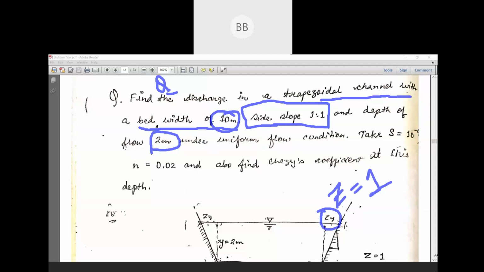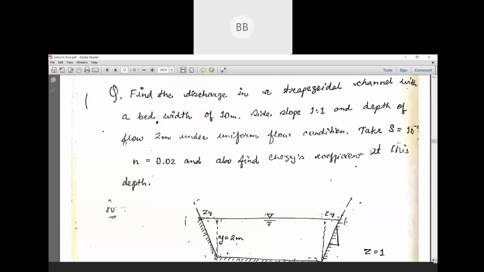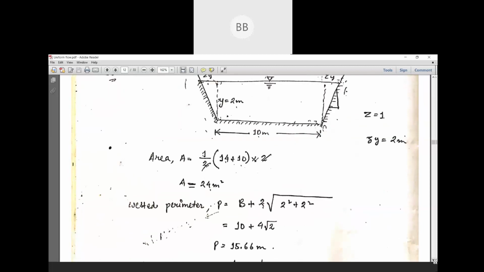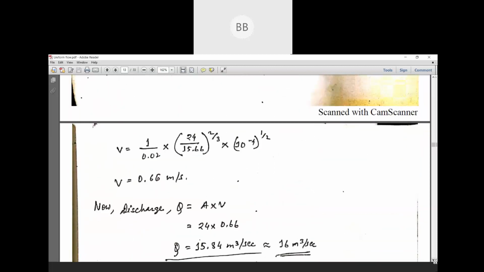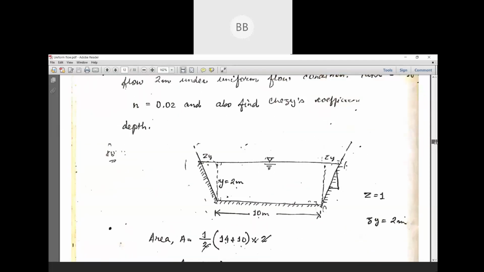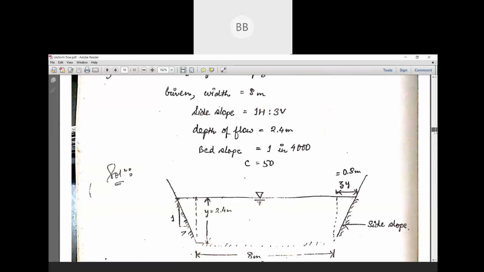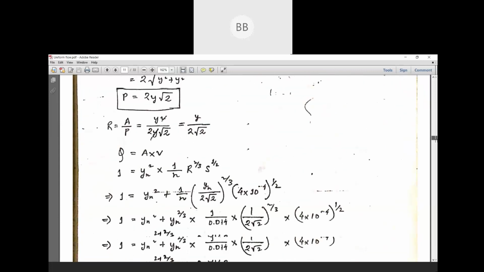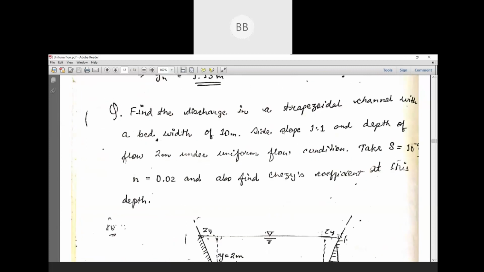Slope is given. Slope is not visible here. Let me see here. Okay. Slope is nothing but your 10 to the power minus 4. Slope is also given, it's 10 to the power minus 4.